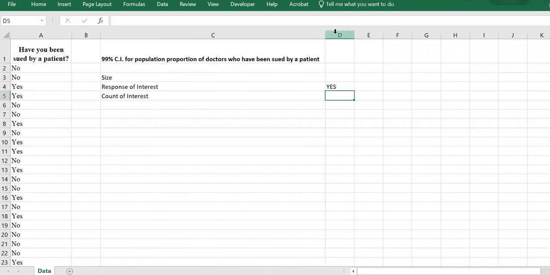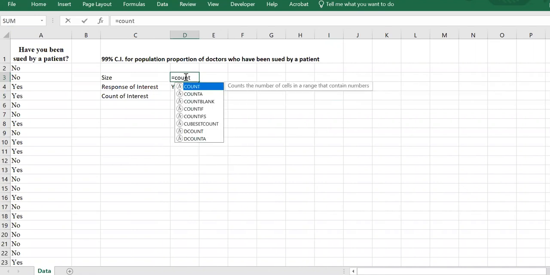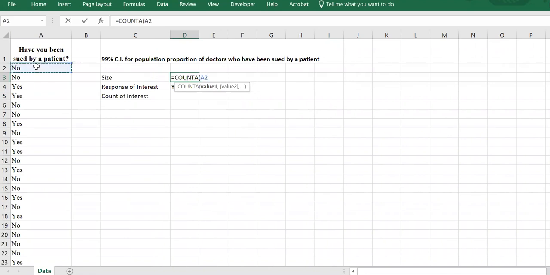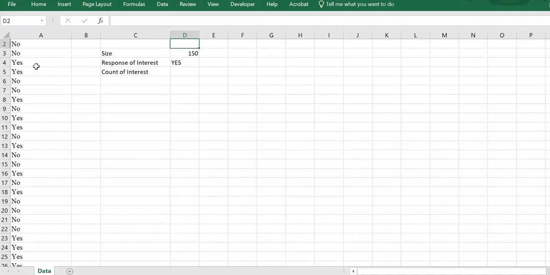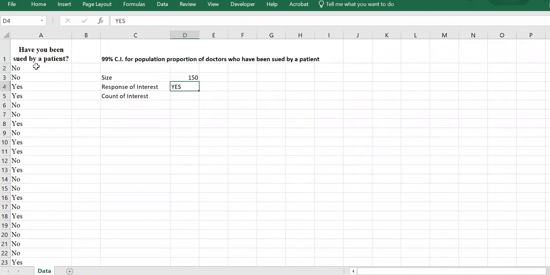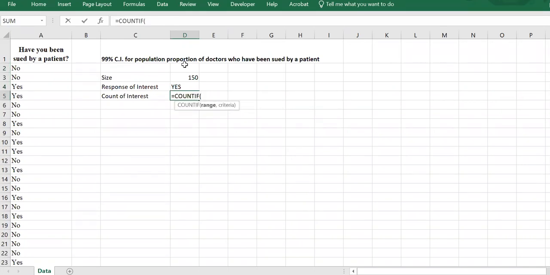All right, and then the size would be the count of my whole sample, or you can simply put 150 if you know the size. The response of interest is yes, so I'm going to be counting, COUNTIF in column A, the number of yeses.